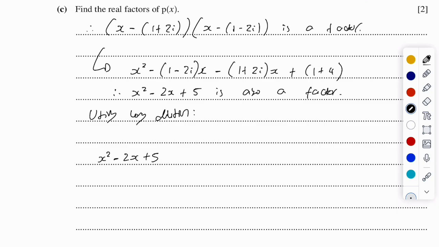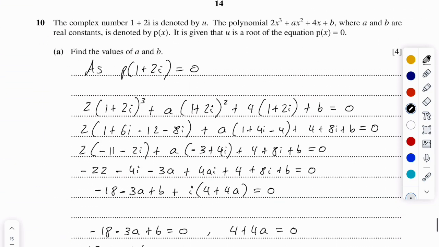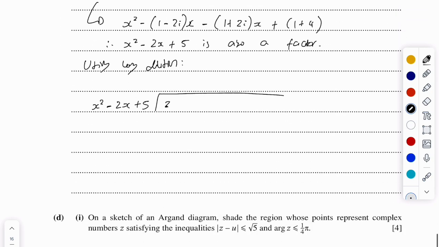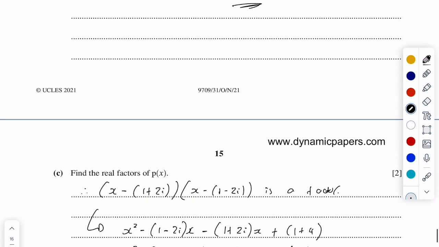So x squared minus 2x plus 5, and we're going into 2x cubed minus x squared plus 4x plus 15.